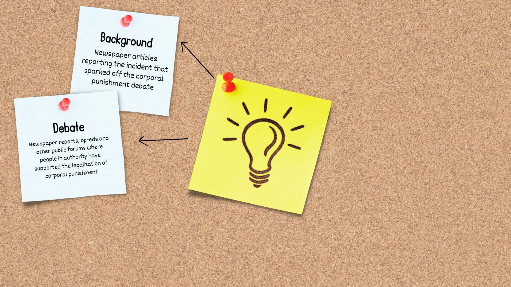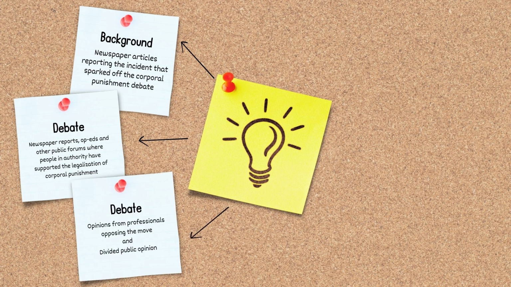We can use newspaper articles as sources of materials or other academic journals that have analyzed the same incidents. To discuss the debate on corporal punishment, we need to cite people who have voiced opinions both for and against corporal punishment.